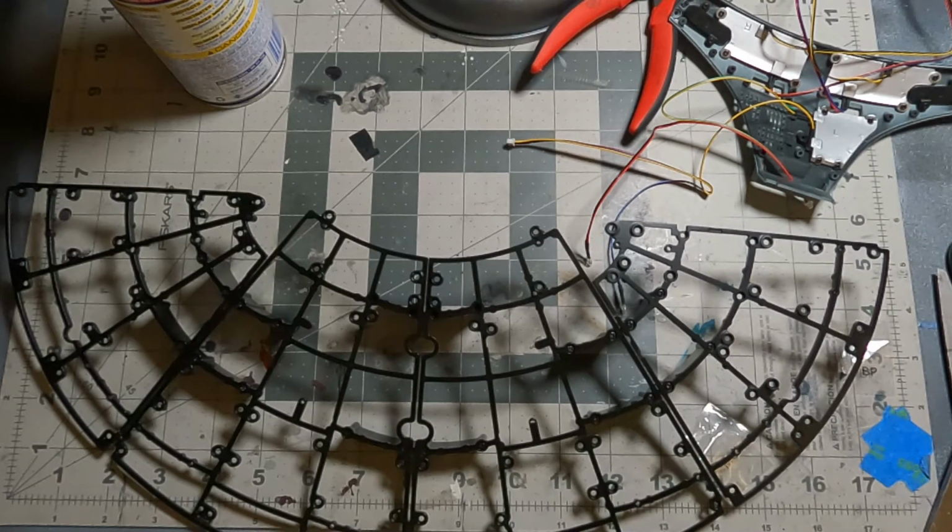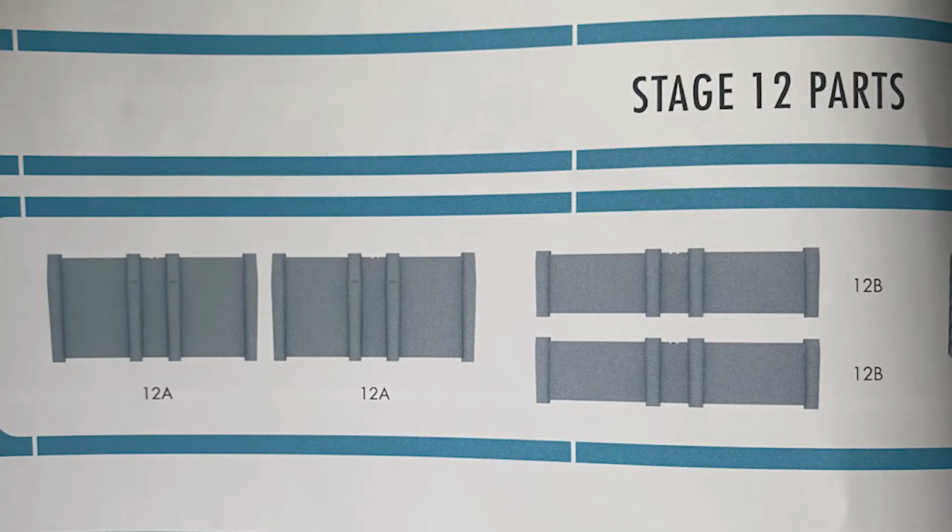Stage 12 includes structural supports, rear right windows, and a rear right reflector, and of course screws. Let's move.